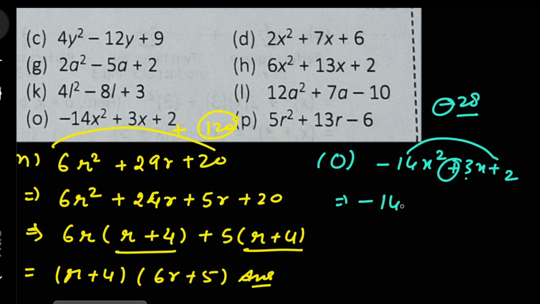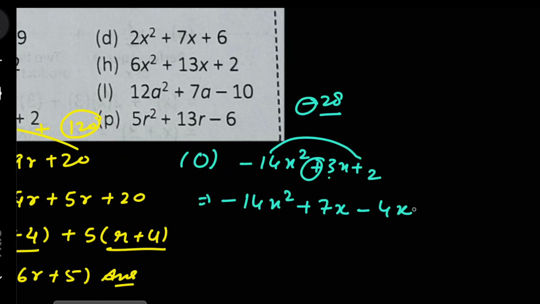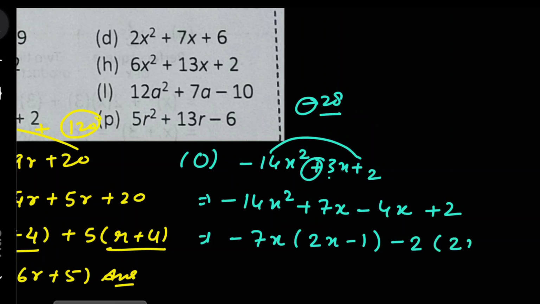So minus 14x square plus 7x minus 4x plus 2. So taking minus 7x as a common, we will have 2x minus 1. Minus 2 as a common, we have 2x minus 1.